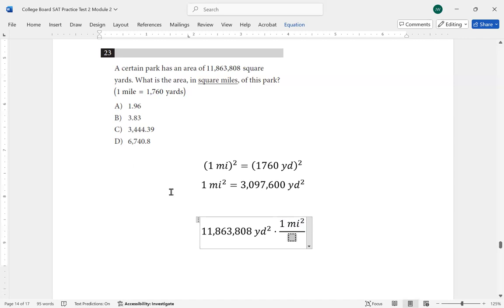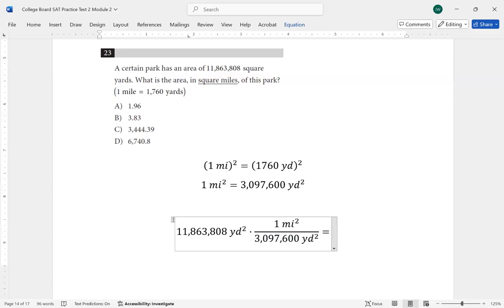So since 1 square mile is equal to 3,097,600 square yards, we just multiply that way. And that would change from square yards to square miles.